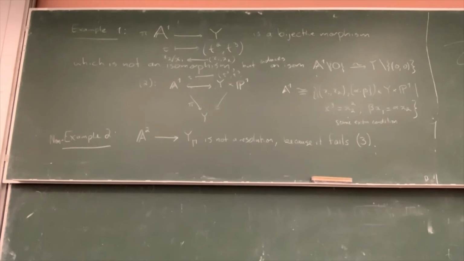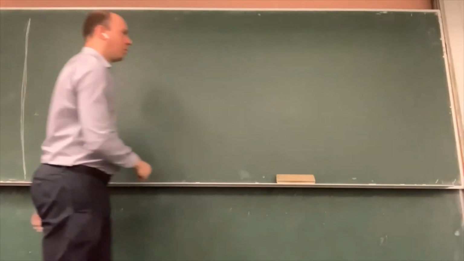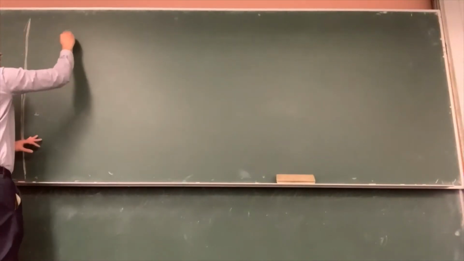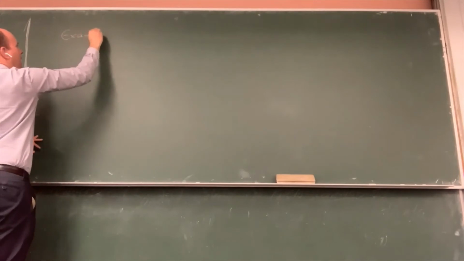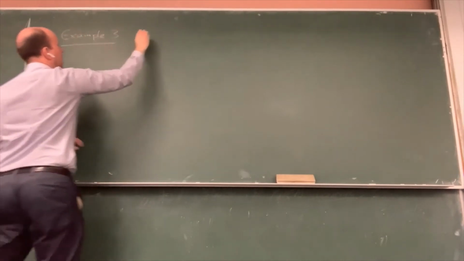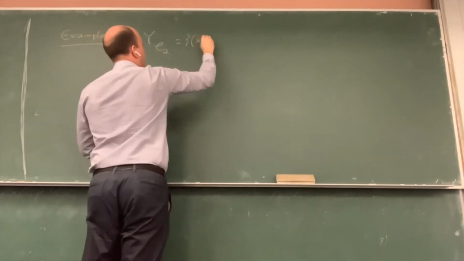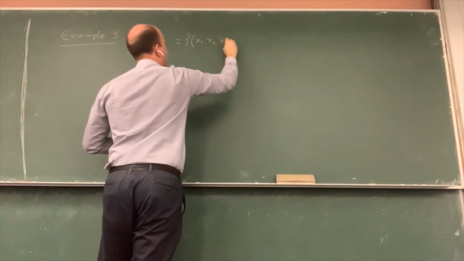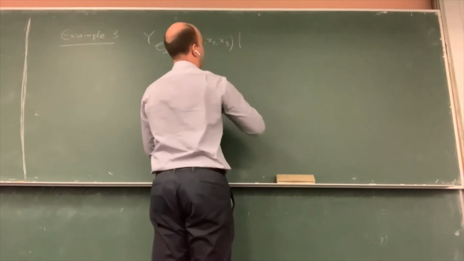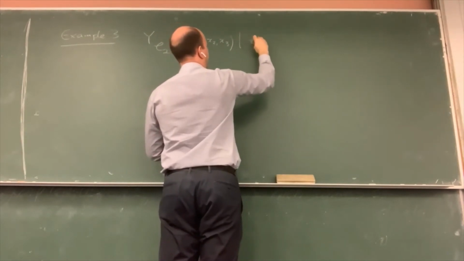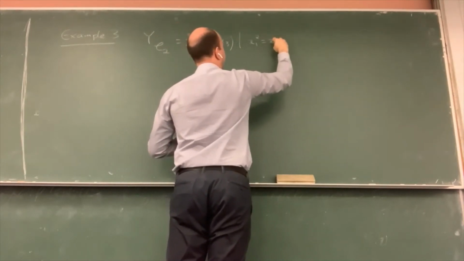There's one of the Y gammas where many members of the audience will know a resolution of singularities, which is when gamma is C2. So remember, Y C2 is the singular surface in A3 defined by the equation x1 squared equals x2 x3.